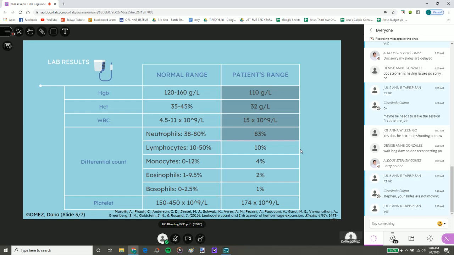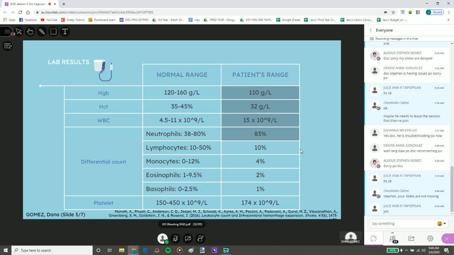Andrea Morotti in 2016, leukocytes interact with platelets, endothelium, and coagulation factors and have been widely recognized as important contributors to facilitating hemostasis. So in the same study, they have concluded that the WBC differential count can be used as prognostic factors in patients with hemorrhagic stroke.